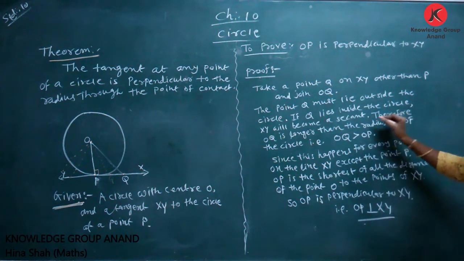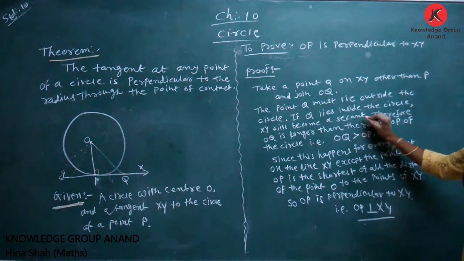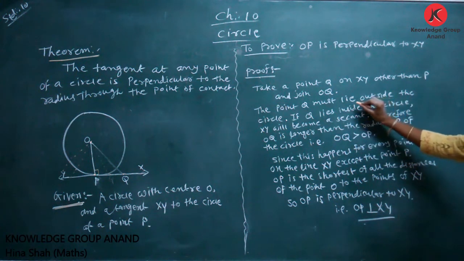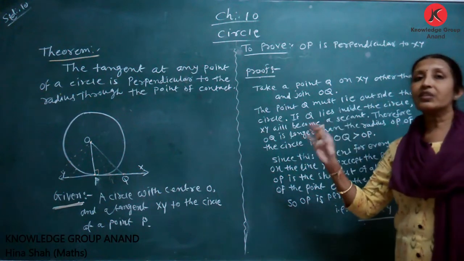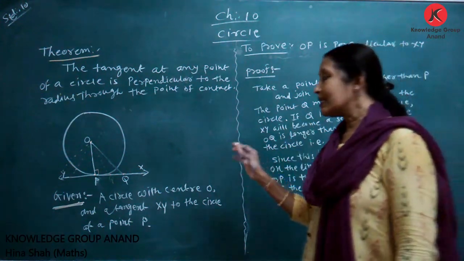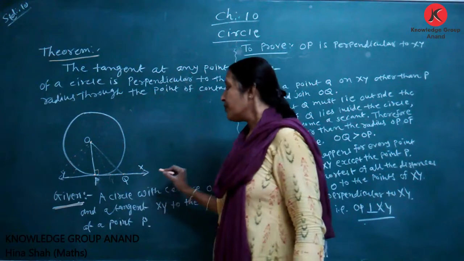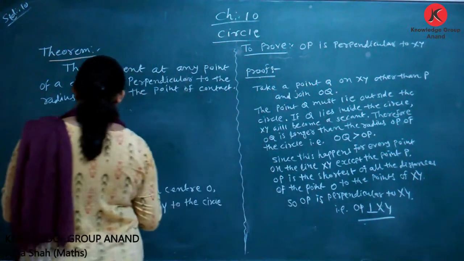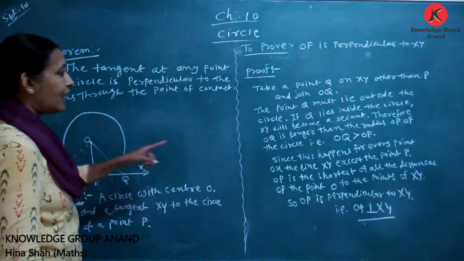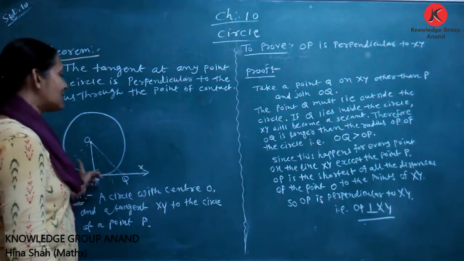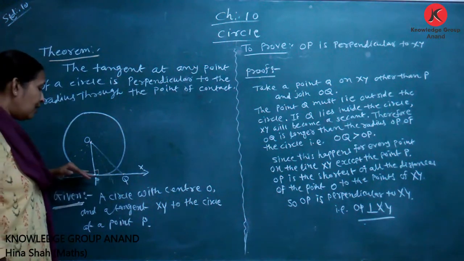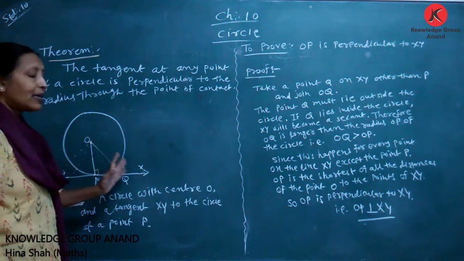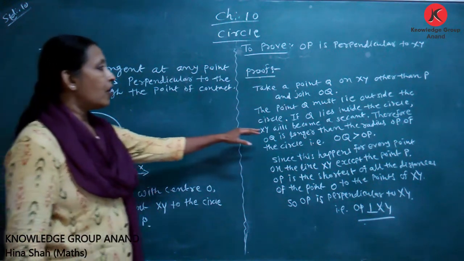A line that intersects the circle in two points is called a secant. Here, suppose Q lies inside the circle, then XY becomes a secant.